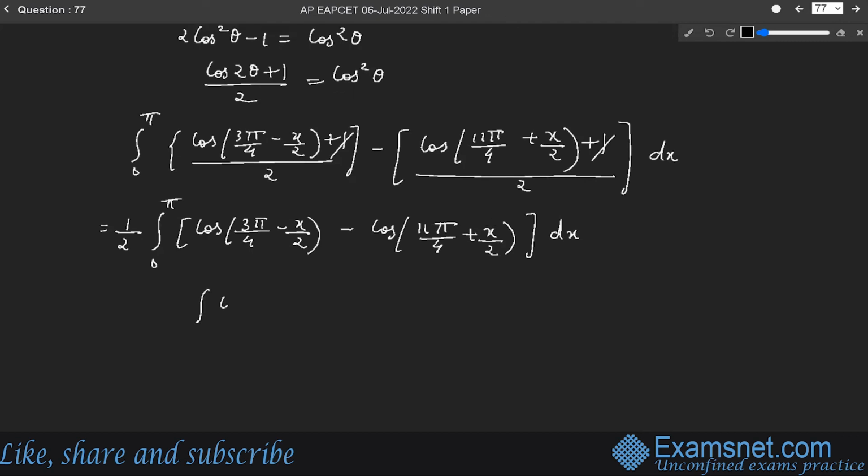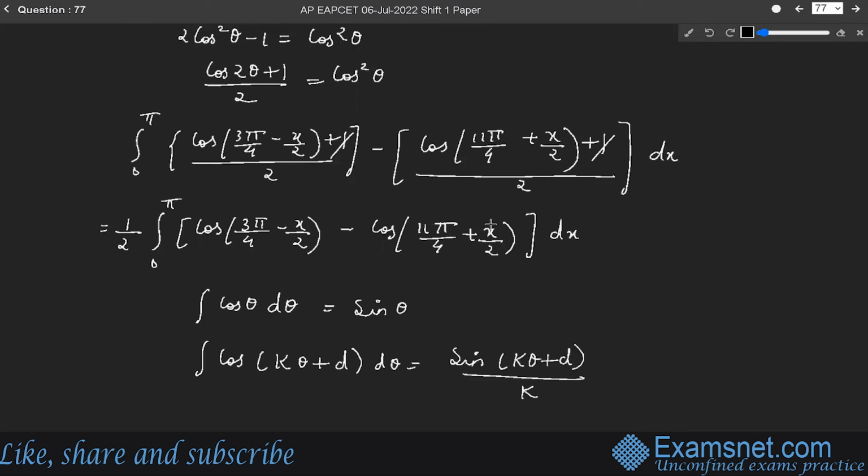We know that integral of cos theta d theta is equal to sin theta, and we know that integral of cos k theta plus d d theta is equal to sin k theta plus d upon k.